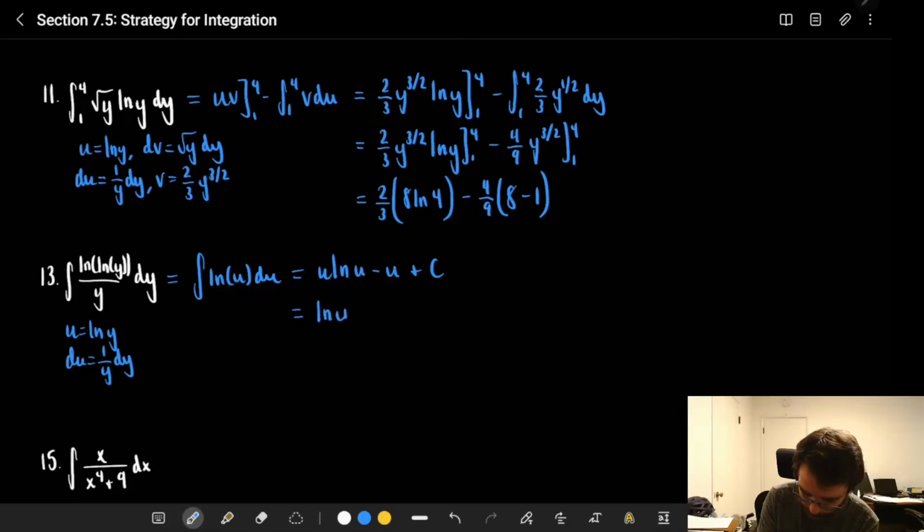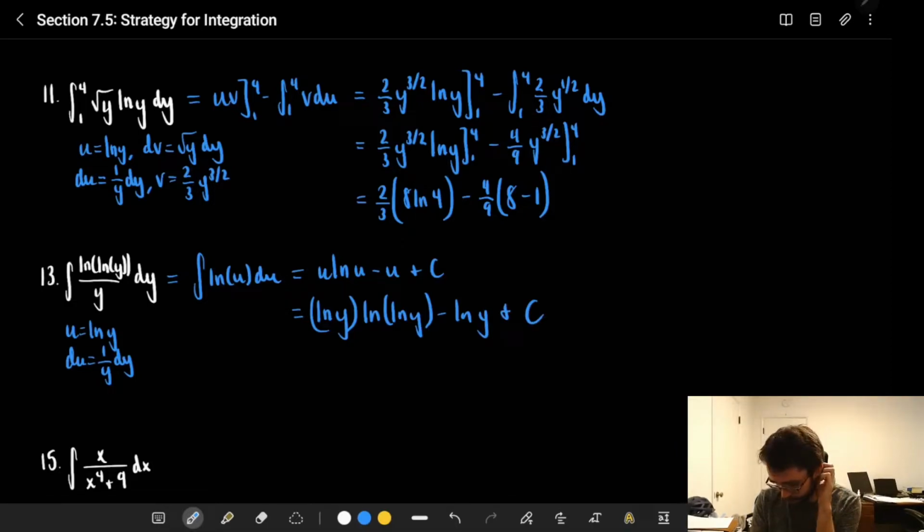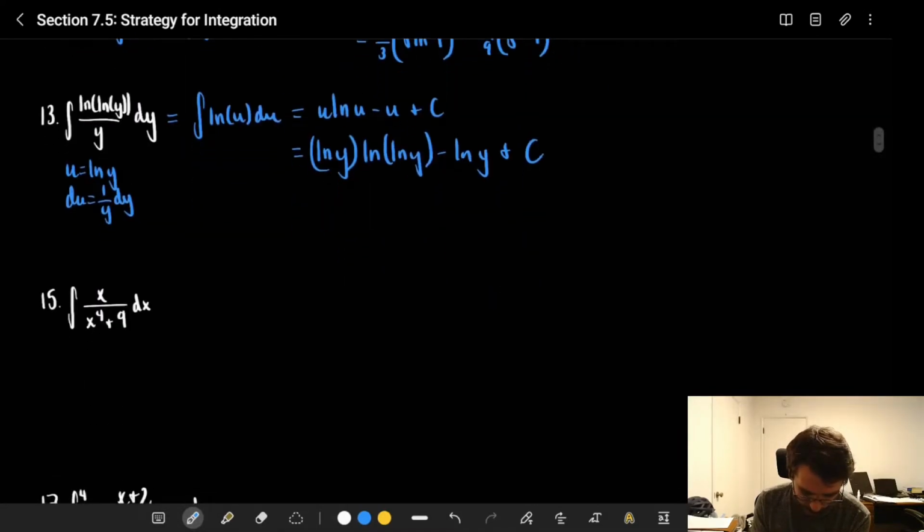So this becomes natural log of y times natural log of y minus natural log of y. Really ugly, but there you go. It's a weird one. But that looks right. Okay.